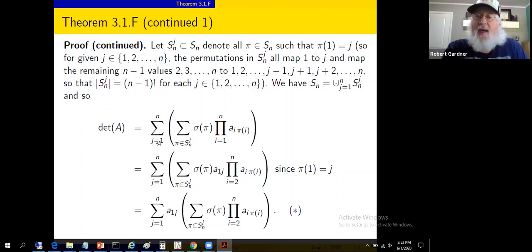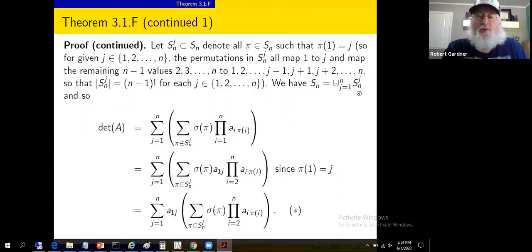So instead of having a single sum of n factorial things over the group S sub n, we've got n sums over, how many of these are there? N minus 1 factorial. So we've got n sums of n minus 1 factorial, which altogether produces an n factorial sum. So it's the same summation. We've just shifted from S sub n to these things here.